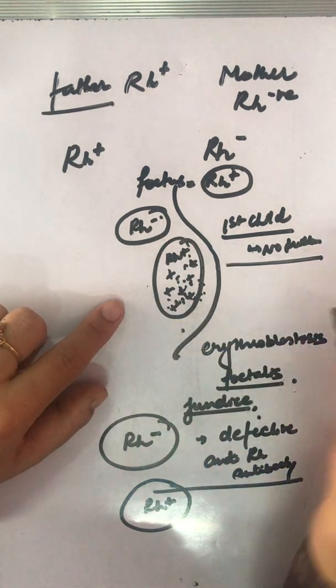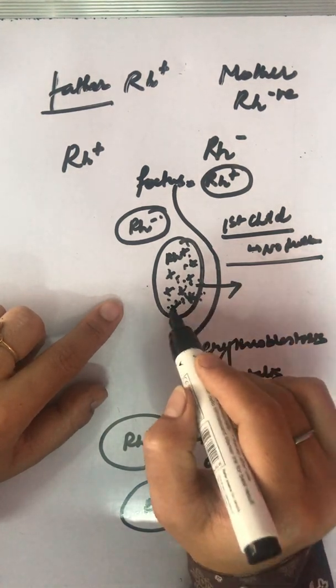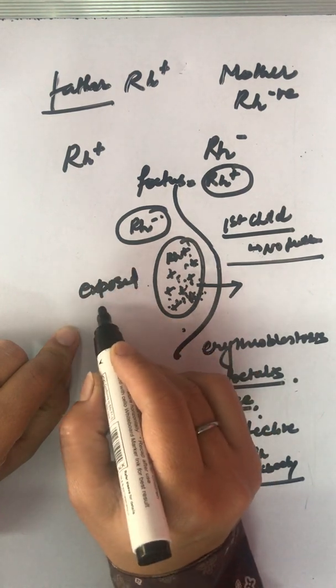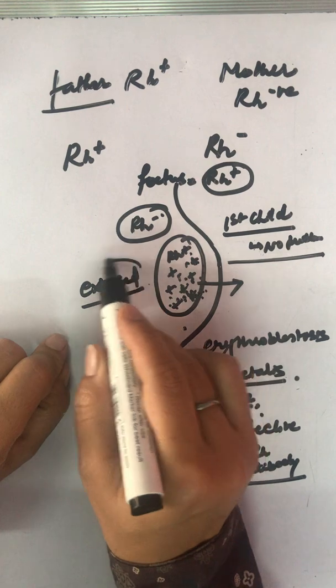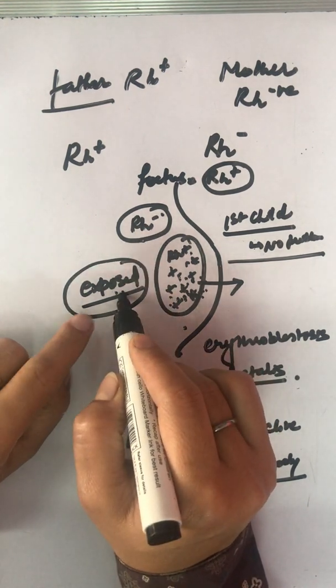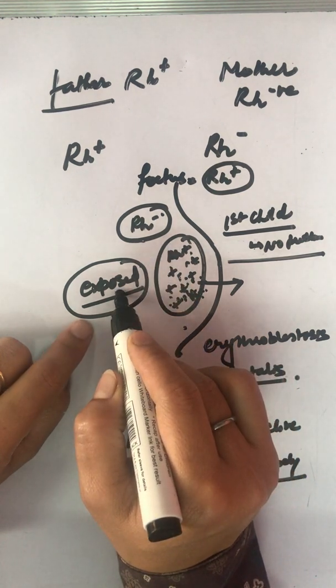Why so? Because after the first delivery, some of the Rh positive cells are exposed to the mother's blood through the placental cord. Mother was not at all exposed to this blood earlier, so she did not know about this kind of antigenic problem.